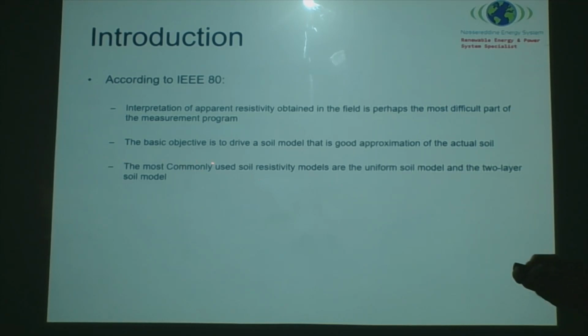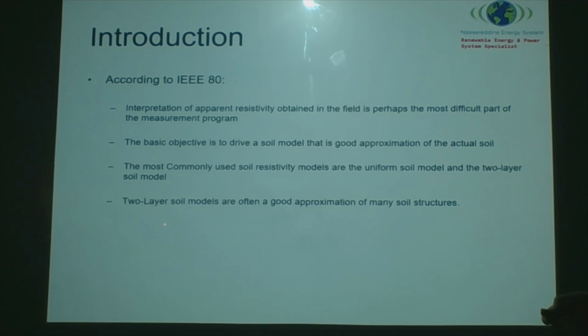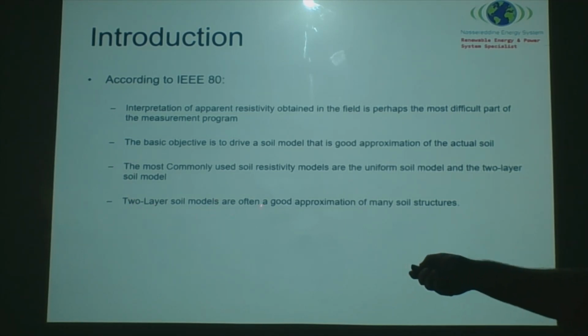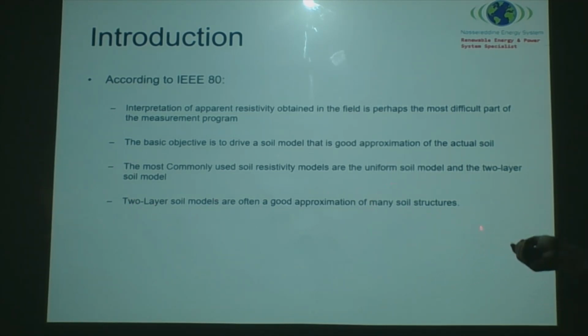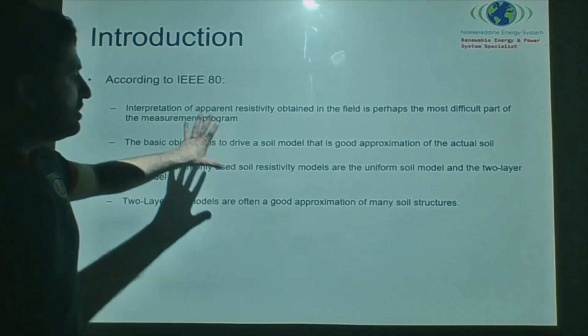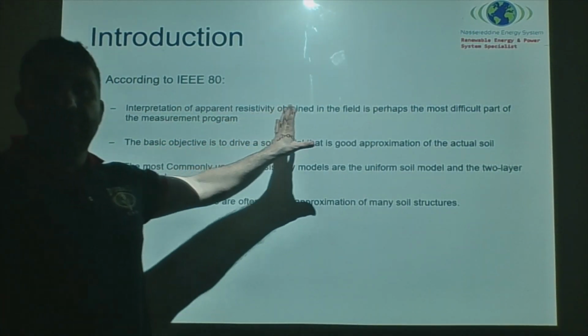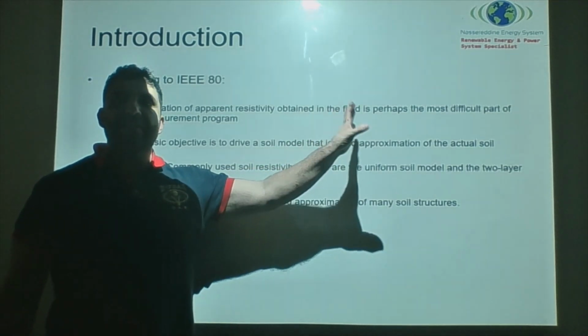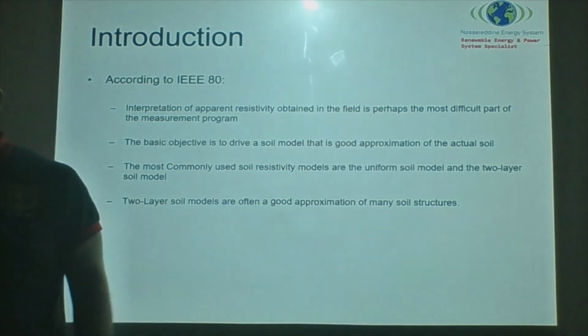The most commonly used soil resistivity models are the uniform soil model and the two-layer soil model. We're going to discuss uniform and two layers. Two-layer soil models are often a good approximation of many soil structures. That's according to IEEE, so we are going to stick to the IEEE standard. It's one of the standards used worldwide.